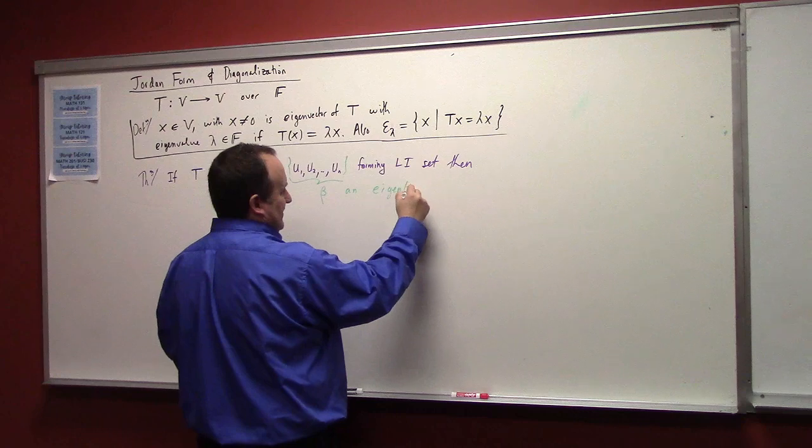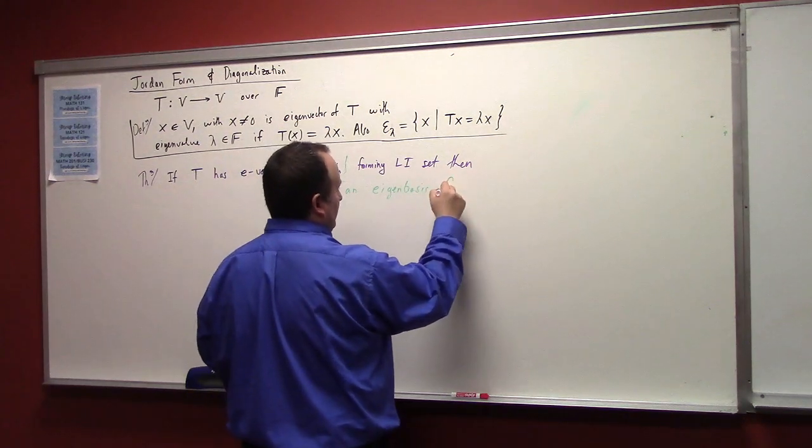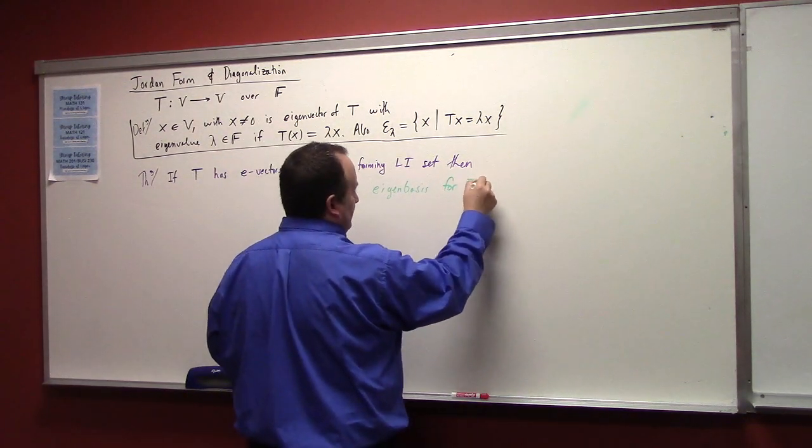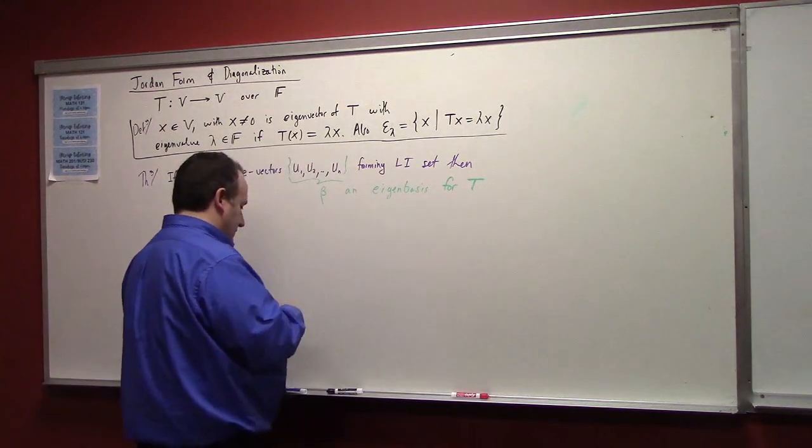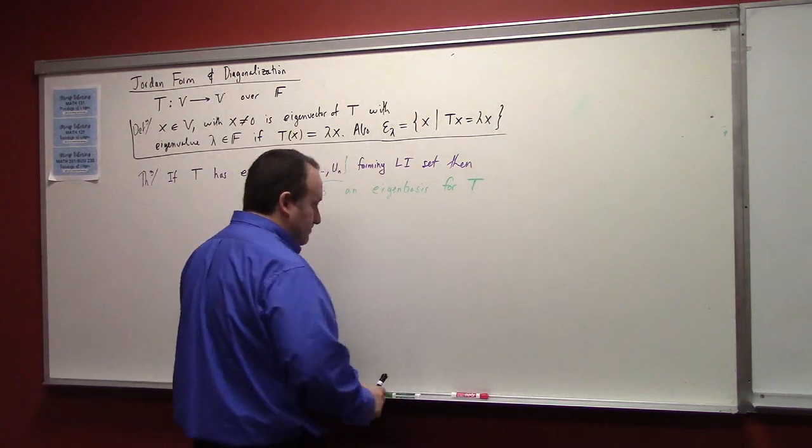An eigenbasis is a basis of eigenvectors. Eigenbasis for T. This is all done with respect to a transformation T, right? It's all tied to a given linear transformation.